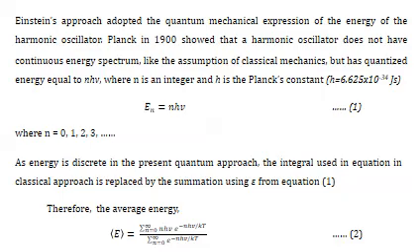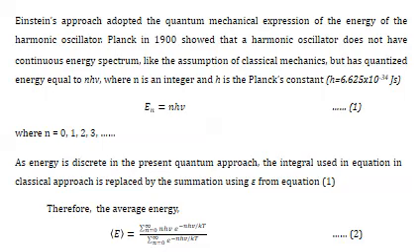E bar is equal to the summation of n equals 0 to infinity nhν e power minus nhν by kT, divided by the summation of n equals 0 to infinity e power minus nhν by kT.